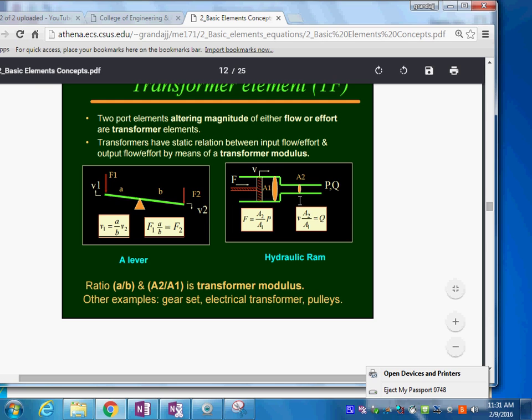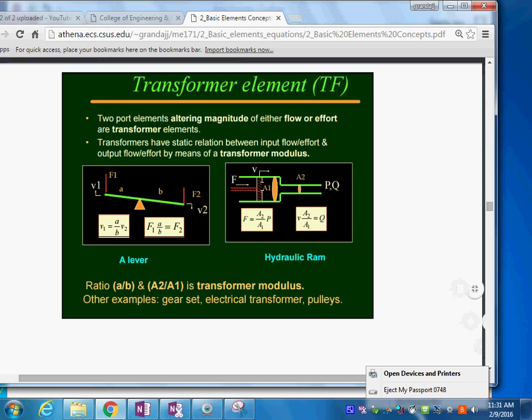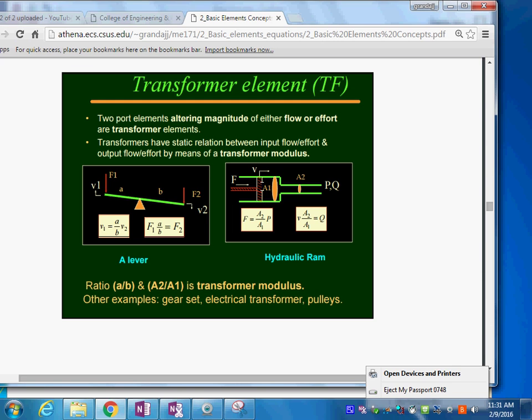With the transformer, it has to be this way. Okay, this says that the effort E1 is m times E2.